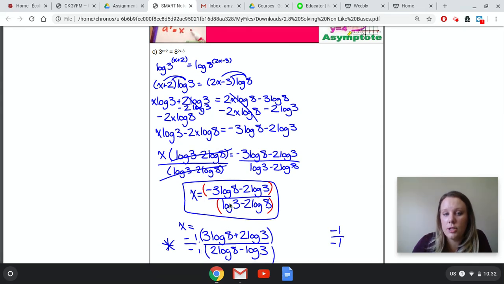So if you change every single sign, you get the exact same term. So when you're looking at your answers on the worksheet and mine, if you had every single sign the opposite, so for example, +3, +2, negative log 3, and +2, you would have the same number as me.